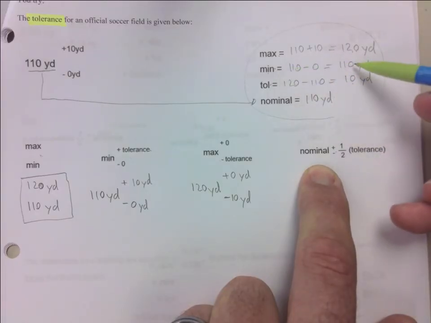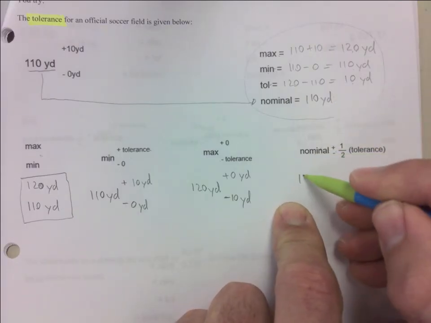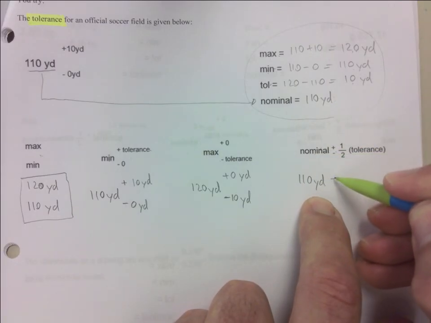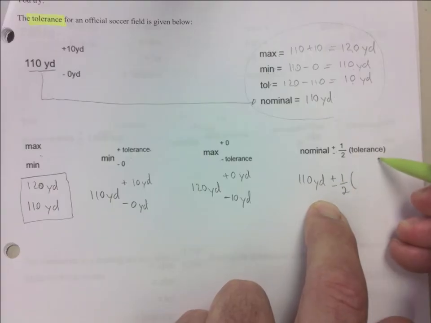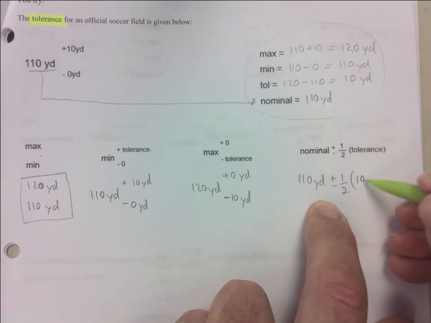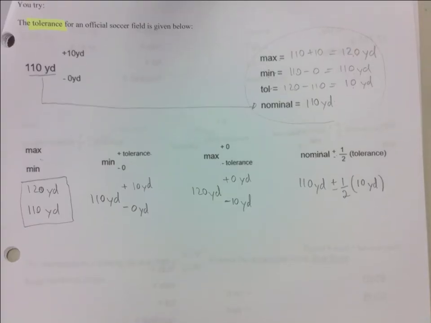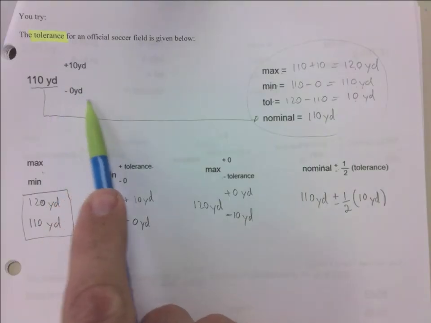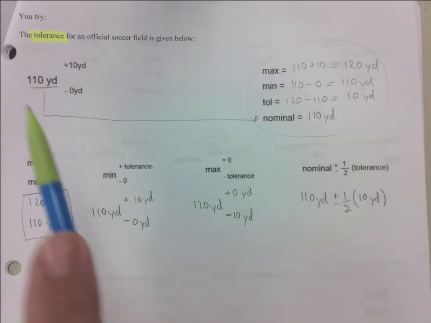It does happen. That is normal. Take the nominal, 110 yards, plus or minus half of the tolerance. The tolerance is 10 yards. Okay? And so there you have written them in all formats, and it all started by you being able to extract these 4 pieces from that one.